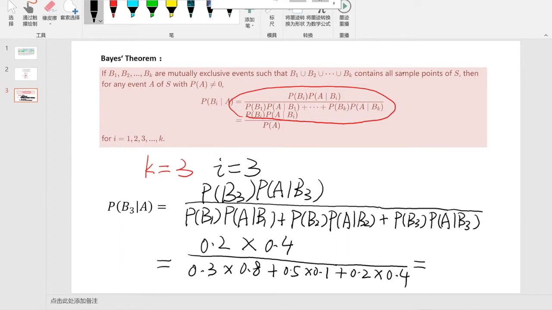So now it's easy to calculate the final probability. Using a calculator, we get 0.2162.